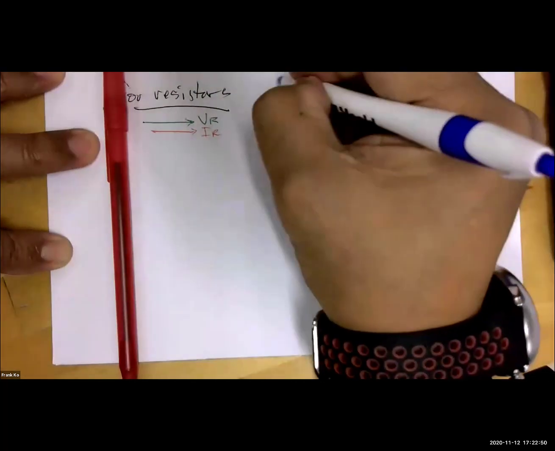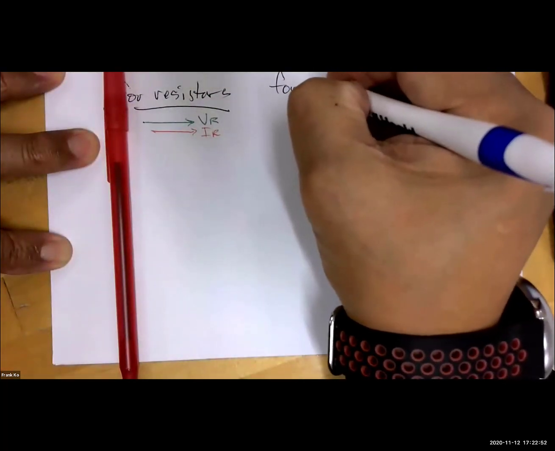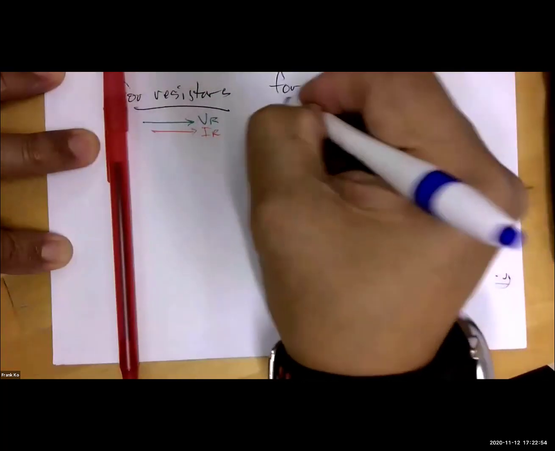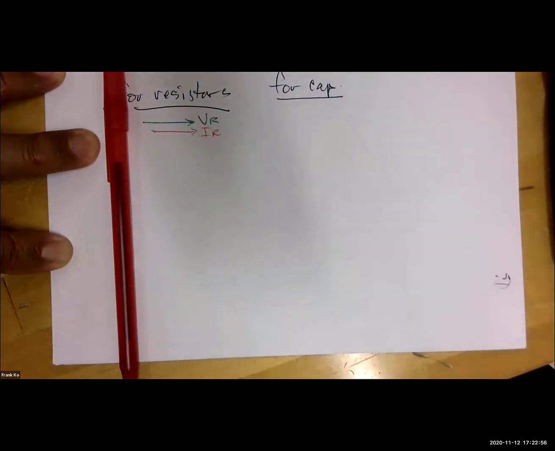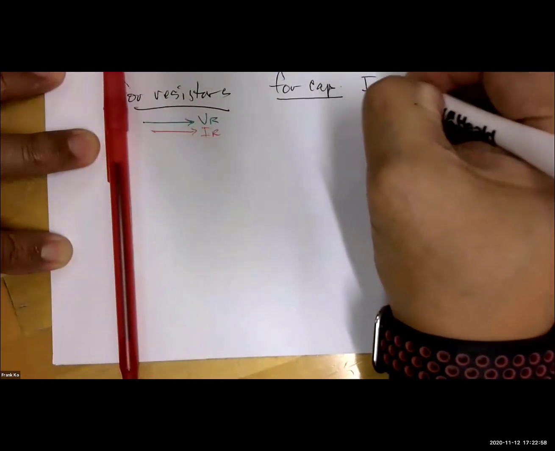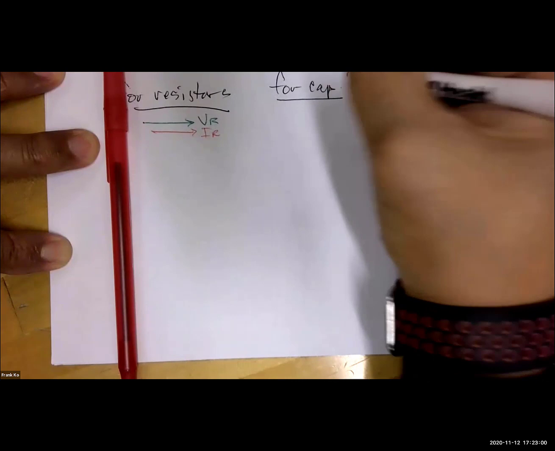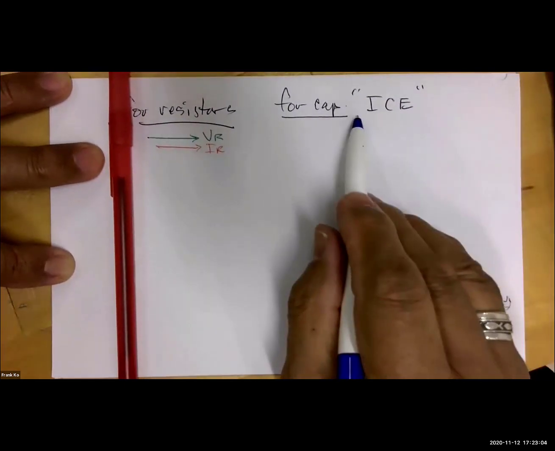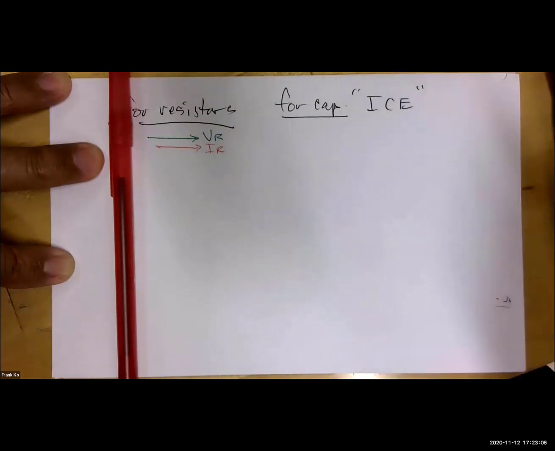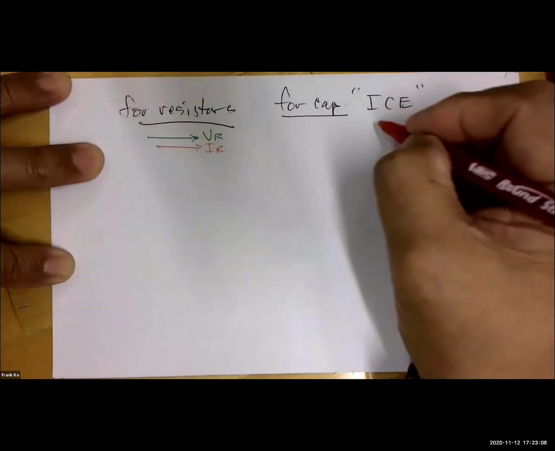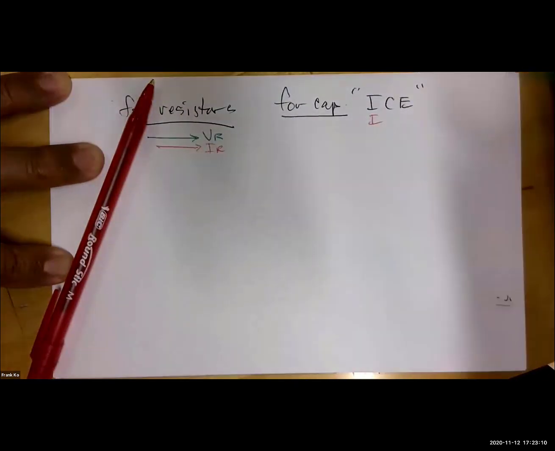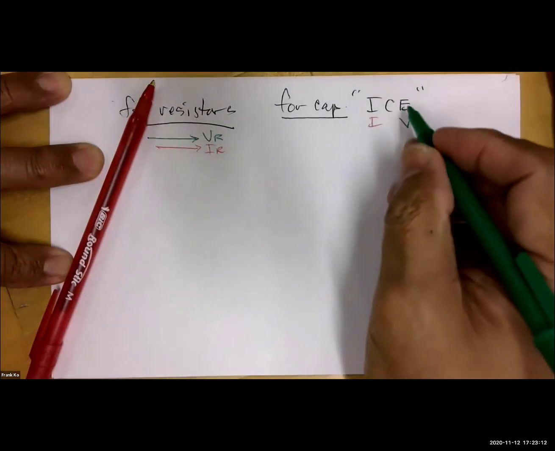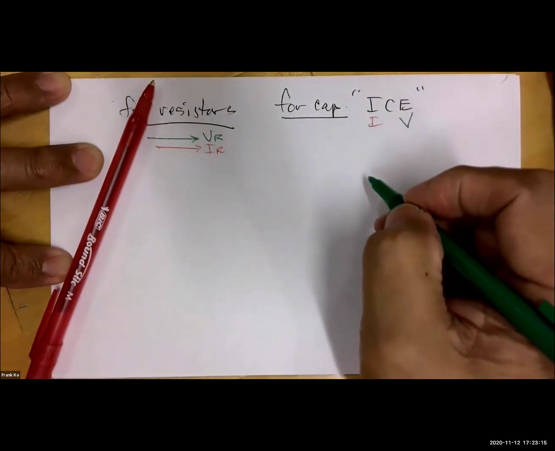We said for capacitors, we have a different relationship. With capacitors, you want to think about ICE, because the C stands for ICE. Which quantity comes before the other? One of these represents current, and one represents voltage, because the E and the V represent voltage.